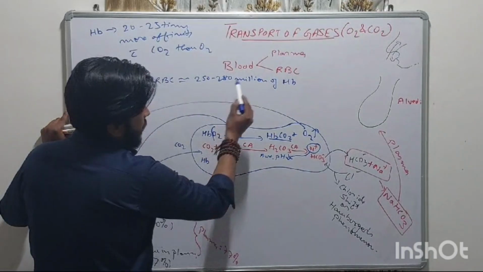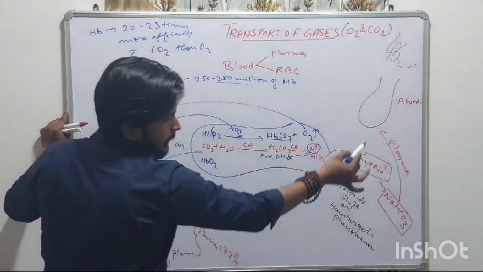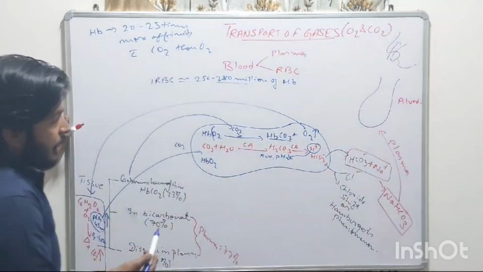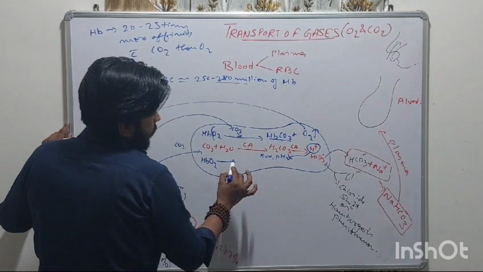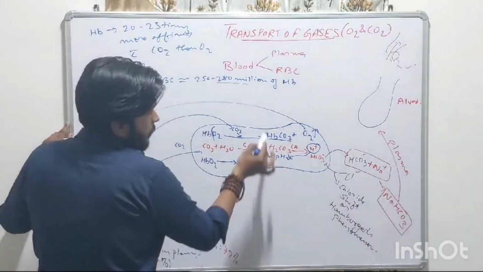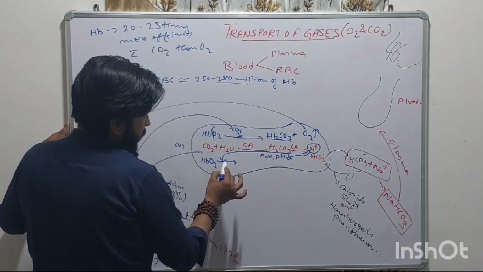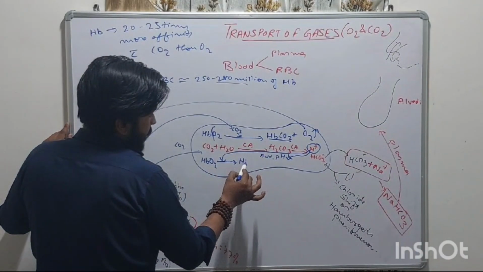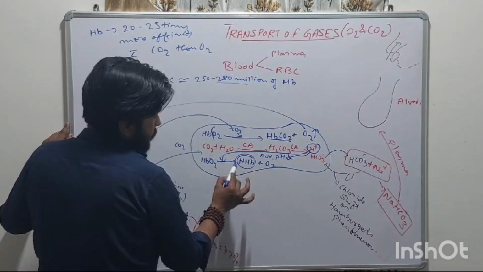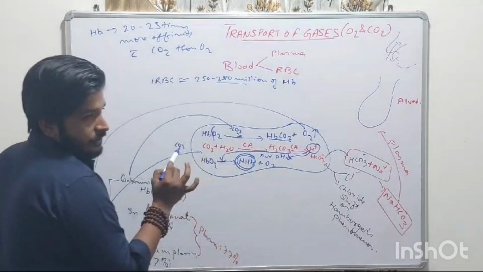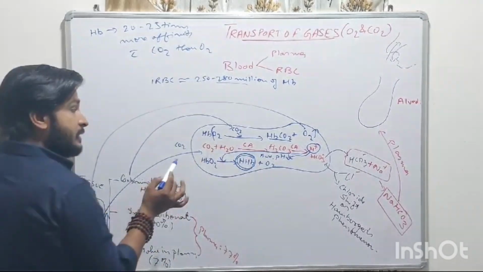So what happens now? The hemoglobin. I have already said there are many hemoglobin molecules. Everyone has HbO2 right now because it came from the alveoli part. The HbO2, in order to protect the RBC, will receive this hydrogen and release the O2 to protect the changing medium of the RBC.